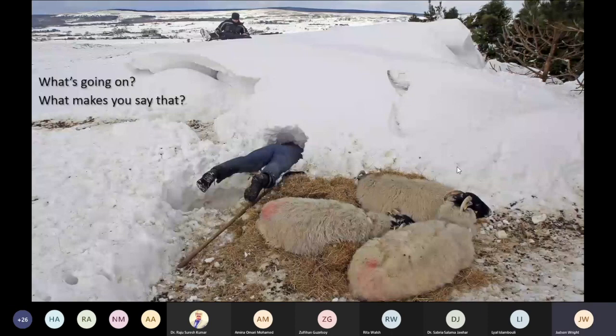So let me go back to some of these. Snow diving, for example. What makes you think that they are snow diving? What would be a reason? So this was April's suggestion, but other people could chime in for what makes you think this could be snow diving.